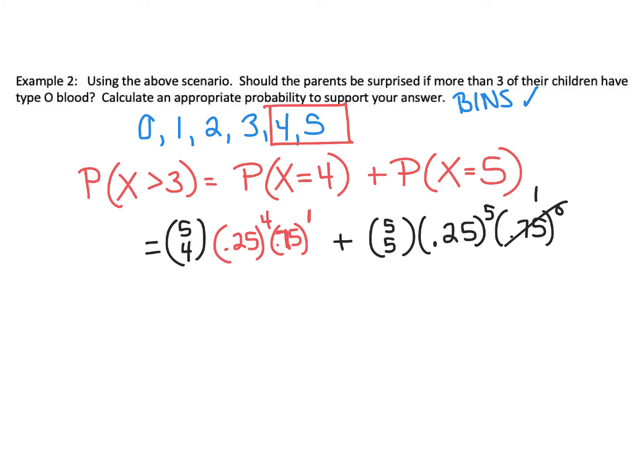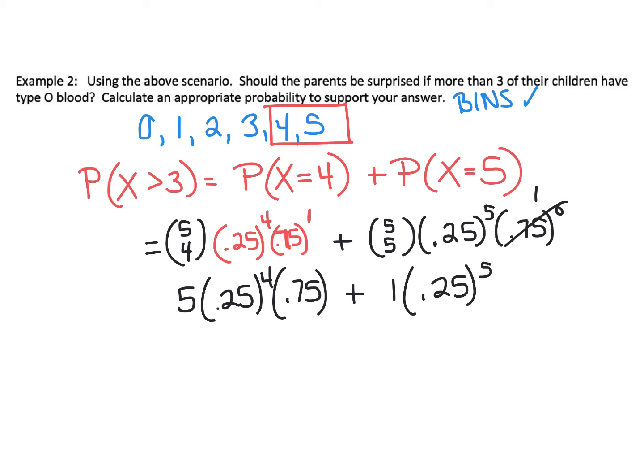All right, so from 5, choose 4, it's going to be 5. Again, you can just do that on the calculator. From 5, choose 5, well, there's only one combination where that would happen, times 0.25 to the 5th.